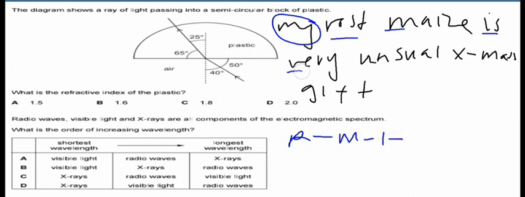Then very is going to be visible light, followed by unusual, which is U, representing ultraviolet. Then Xmas, which is X, represents X-rays. The last one, gift, G, represents gamma rays, which is also known as gamma rays. Now, in this order, let me just write gamma here.